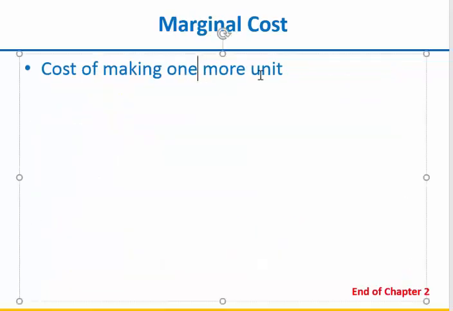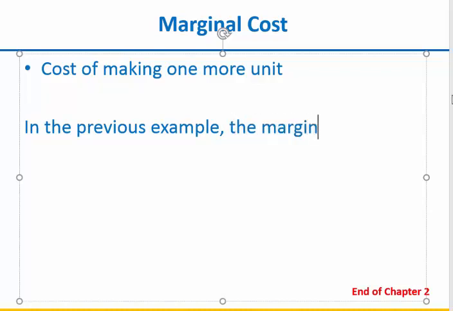In the previous example here, the marginal cost is $50. So basically, if you make one more unit, all you have to pay is the variable cost. The fixed cost will have no increment because fixed costs remain constant over a wide range of output.